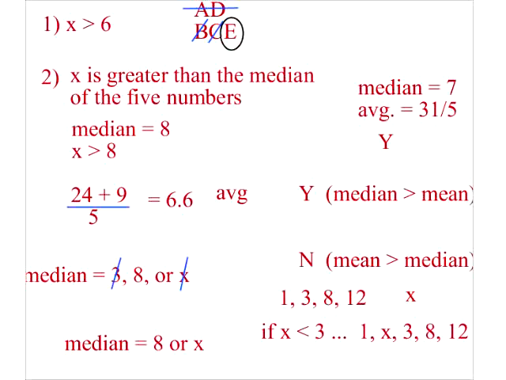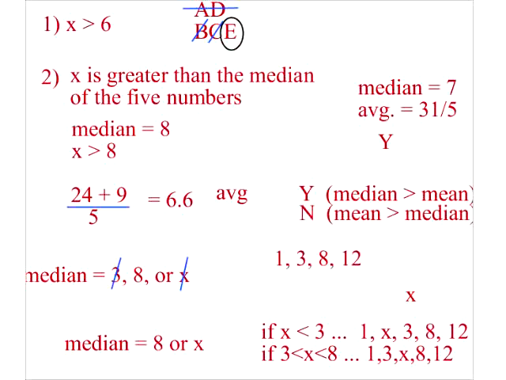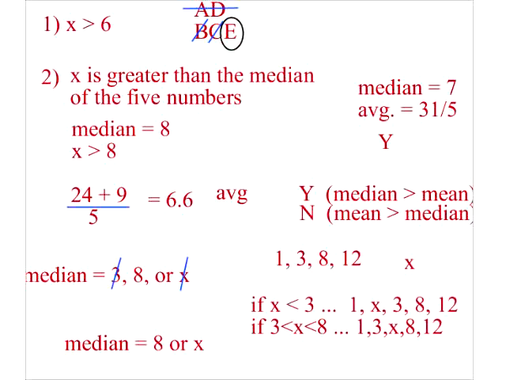If x is greater than 3 but less than 8, then you get 1, 3, x, 8, 12. And then, let me make some space. If x is greater than 8, then we've got to have 1, 3, 8, x, 12.